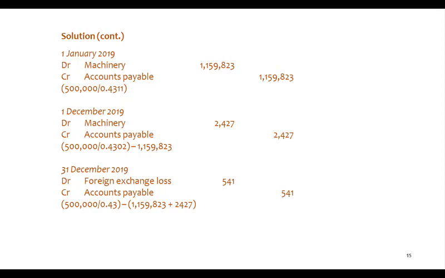The difference is between the exchange rate conversion as at 1st December 2019 and the previous accounts payable. Again, because this is a qualifying asset, any increase in the cost of accounts payable in this case will also have an increase in the asset account.